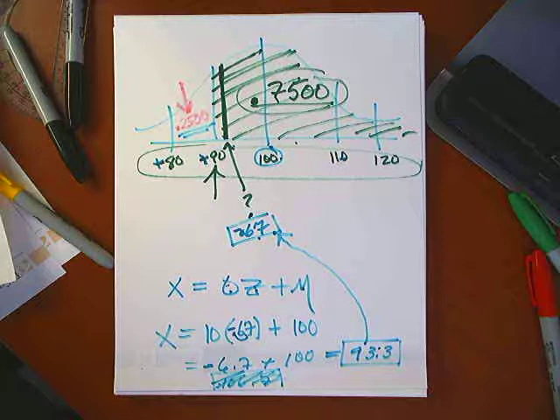That doesn't look right because that's above 100, so that's not right. We've got a problem. Let me make sure. Oh, that's a negative. There we go. Negative 0.67. Sorry about that. Plus 100, that's going to be 93.3.